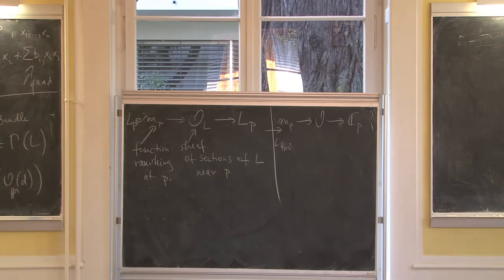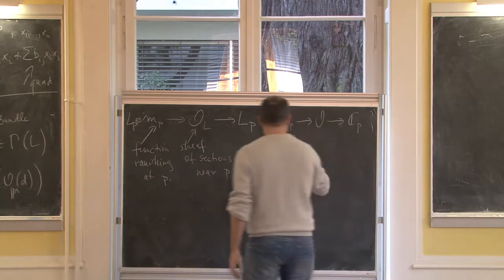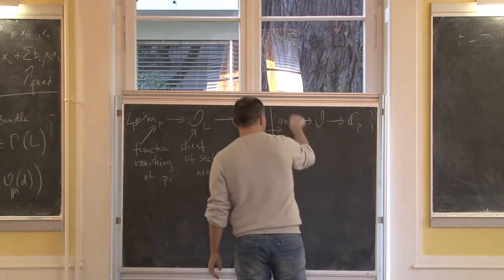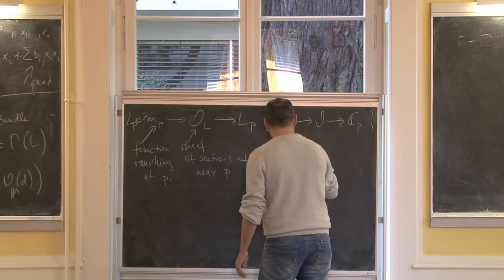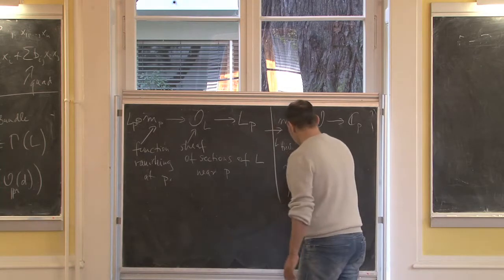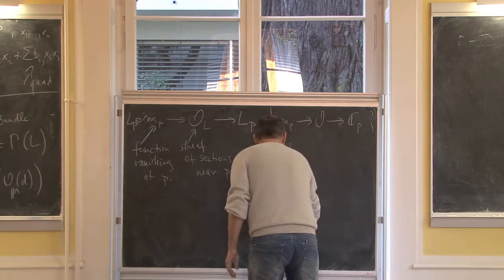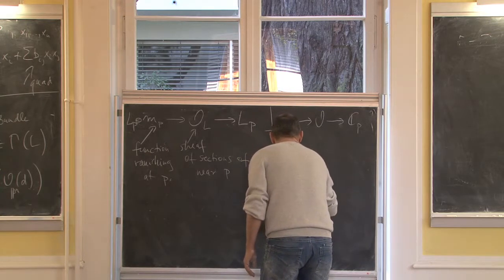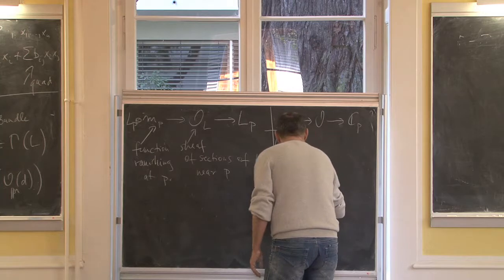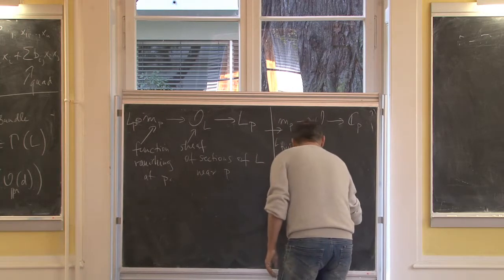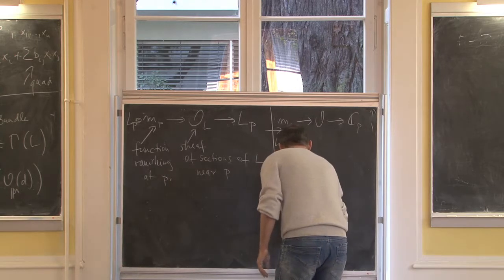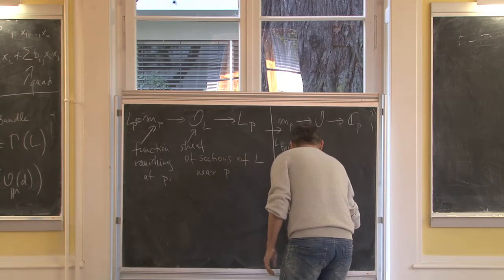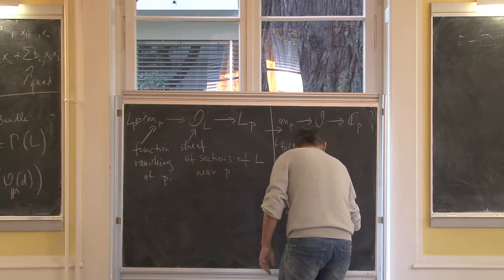And then this is a completely well-defined thing, so I can take the square of this now. What I mean by these squares is products of two functions vanishing at P. These are basically quadratic polynomials.